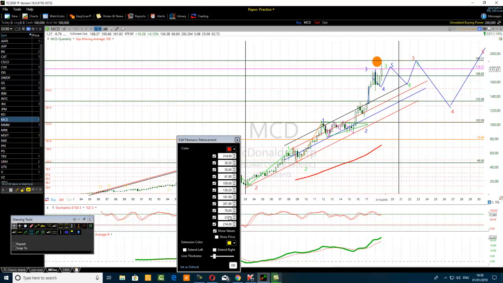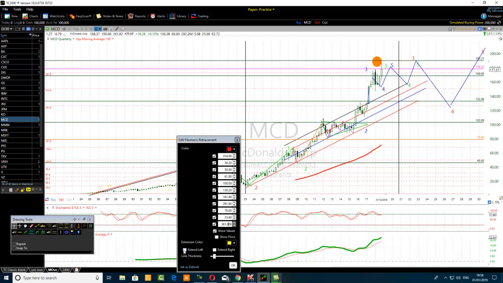Okay, going to put on my chart now. Changing the setting of my Fibonacci, I'm going to put on my chart 3.6.1, the 361.8% Fibonacci extension level.